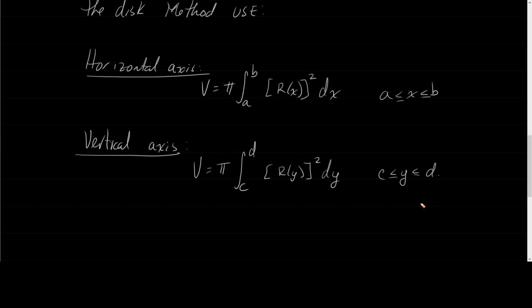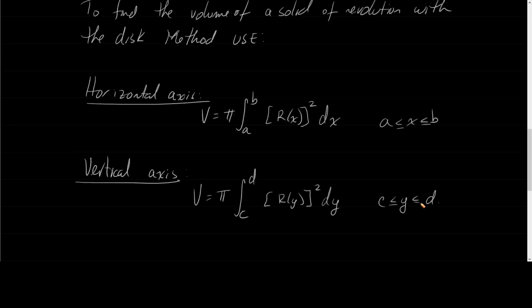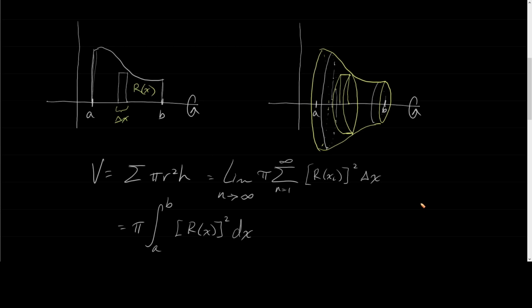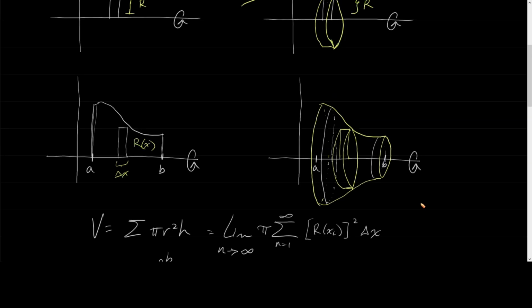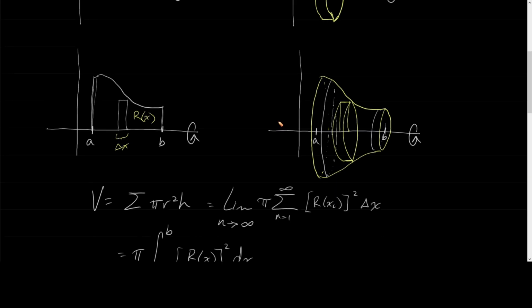So that's the formula. And for that vertical rotation, the idea stays the same as what we did to come up with this, but everything's being rotated this way now instead.